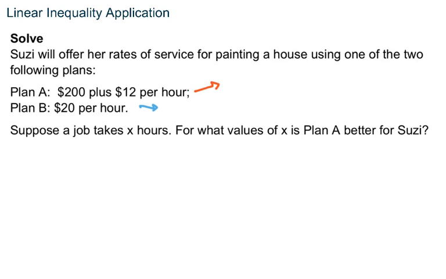For plan A, writing that as a linear equation, we would say $12 per each X hours, so times hours, plus a $200 flat fee. Whereas with plan B, that would be $20 times X, and there's no flat rate.